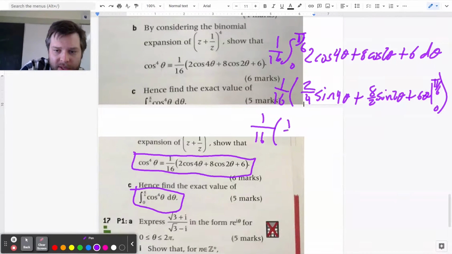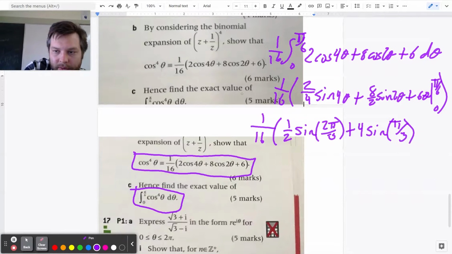So I have 1/16 times 1/2 times the sine of 4 pi over 6, so 2 pi over 3, plus 4 times the sine of 2 pi over 6, which is pi over 3, plus 6 times theta, so 6 times pi over 6 is pi.